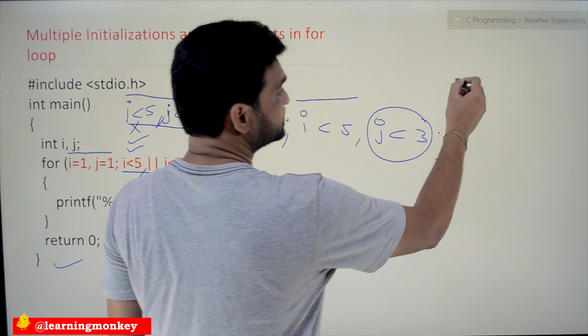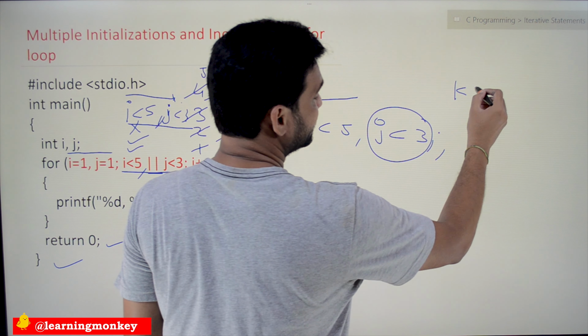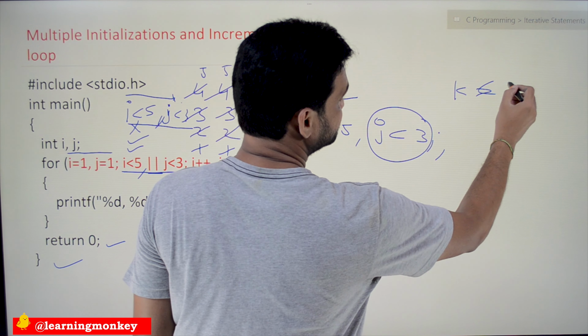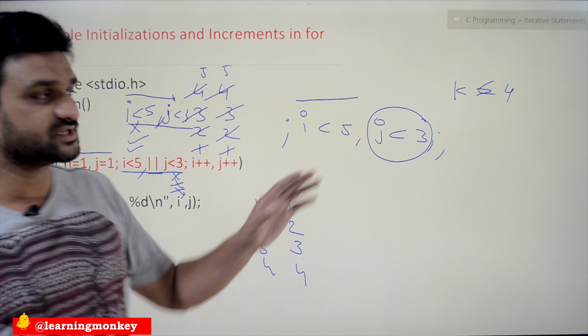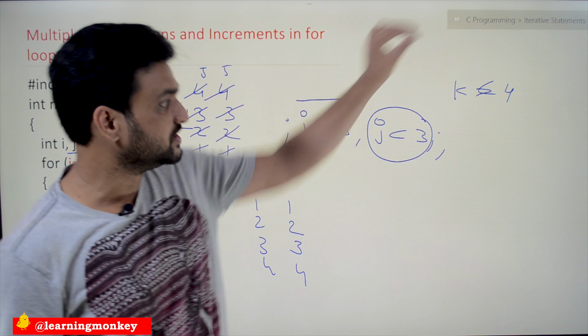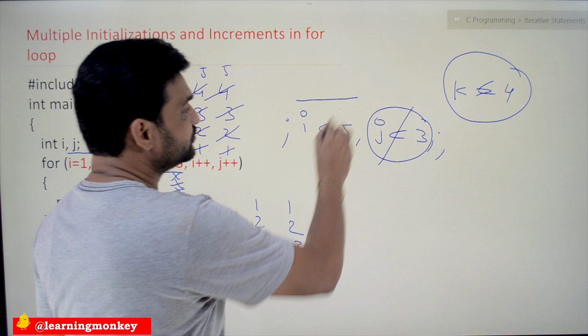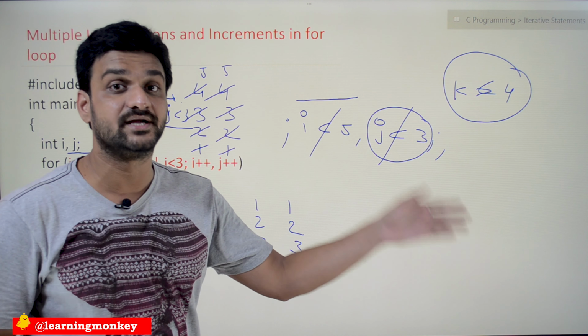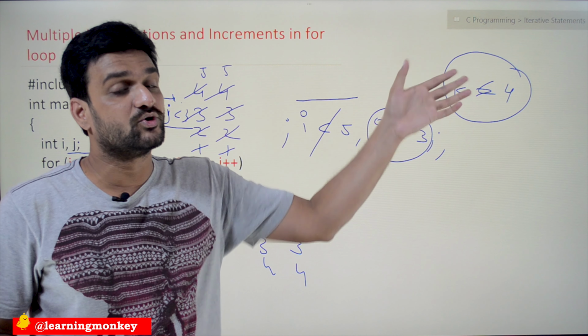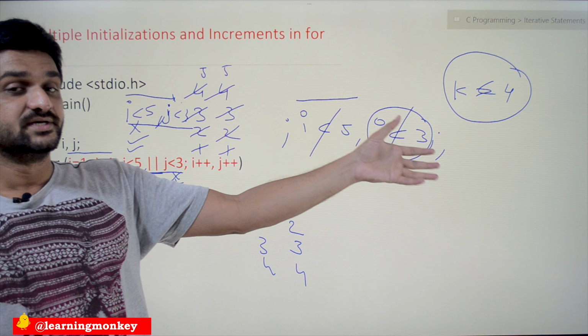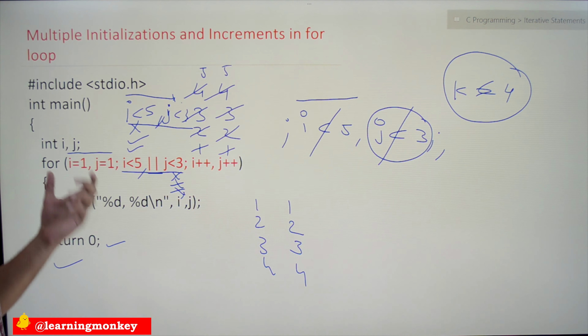For example, if there is another condition, k less than 4, only that condition will be checked, and the other two will not be considered. The rightmost condition is the only one checked. This is how multiple initializations and incrementations can be done.